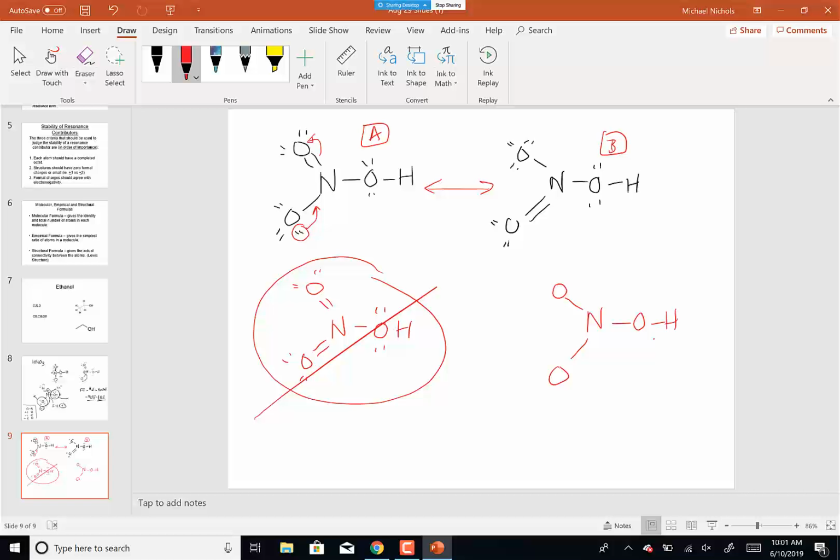Now I'm going to average the bonds and the charges. And this is the weird thing about hybrids. We only average charges and bonds. The number of electrons are not shown, but they are, because the lone pairs give you the charge.